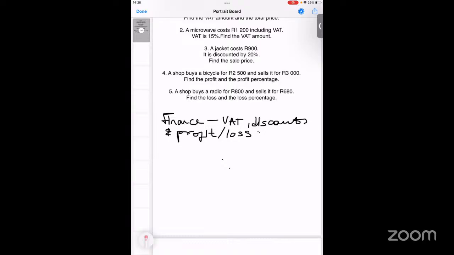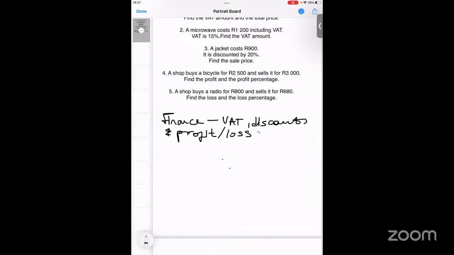Let's try to think about it. A jacket costs 900, and it is discounted by 20%. So now find the sale price. So that means we are looking for the lesser amount. It is 900, but we will give you a discount of 20%. The sale price is the new price, being the discounted price.